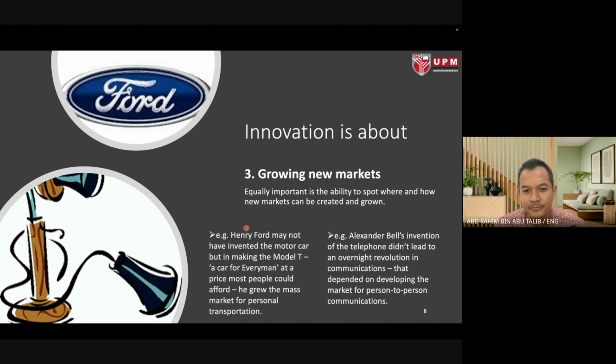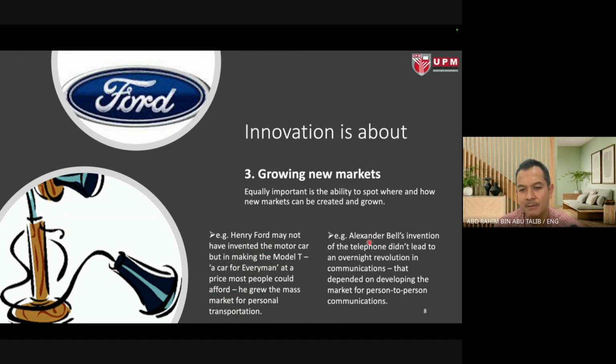A classical example, Sir Henry Ford, a person who may not have invented the motor car, but he is the person who actually made the Model T. It is the car that he made for every man, at affordable pricing for every person. So he grew the mass market for personal transportation. That is what Sir Henry Ford has done.